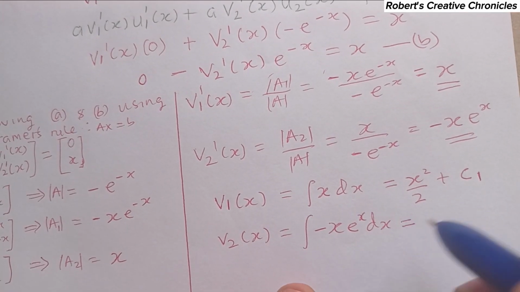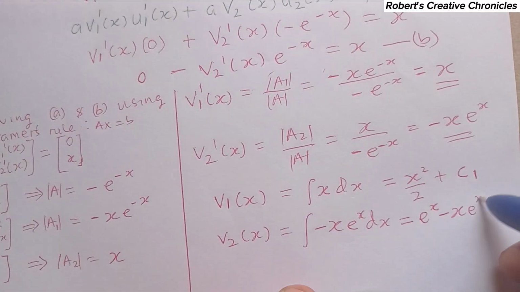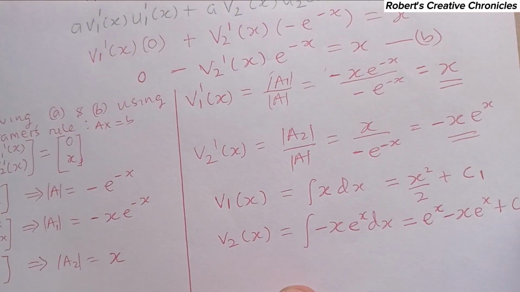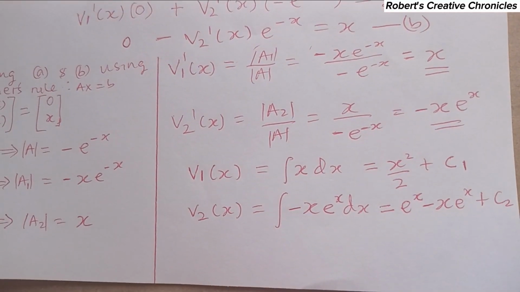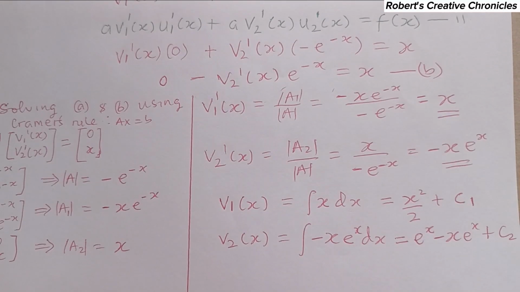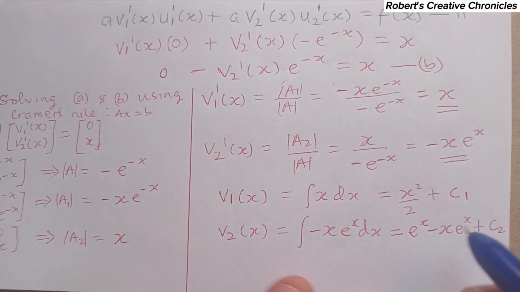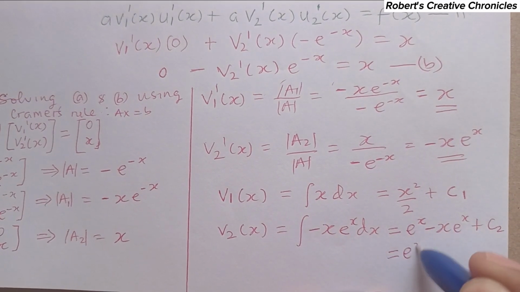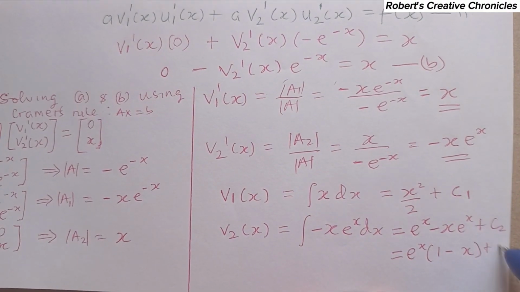So the integral of this is exponential x minus x exponential x plus c, or in this case c2. Now we can factorize this. This is also the same thing as exponential x times (1 minus x) plus c2.